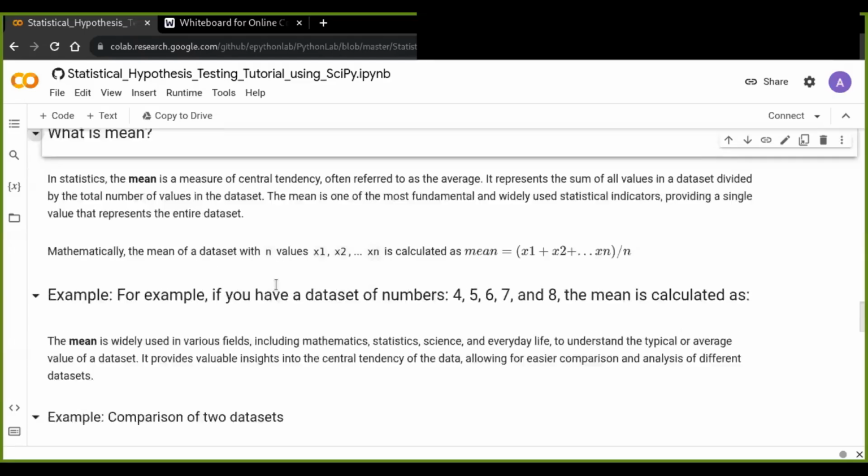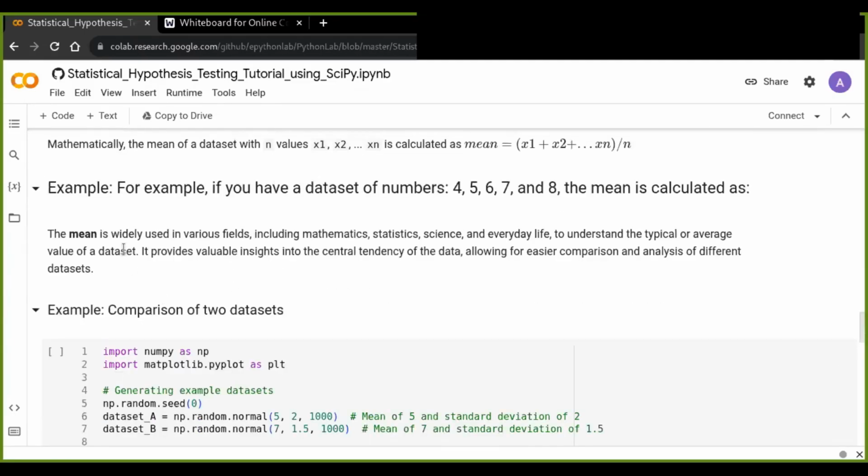Okay, here is another example to compare two data sets. Basically, the mean is widely used in various fields, including mathematics, statistics, science, and everyday life, to understand the typical or average values of your data set.